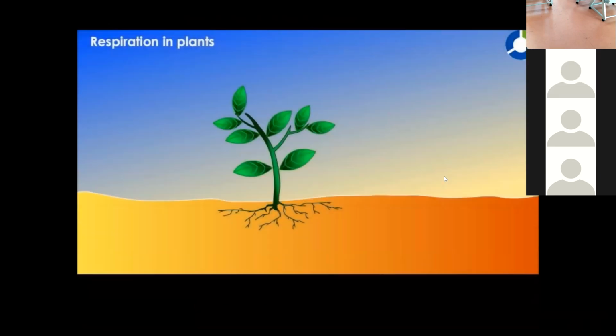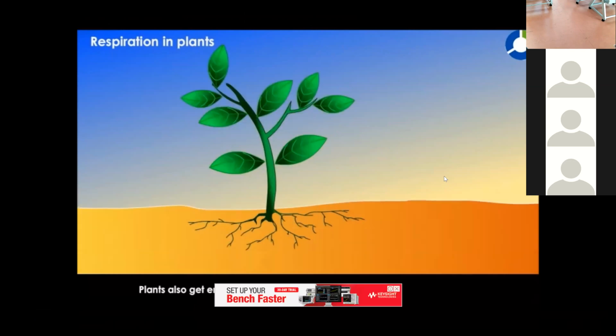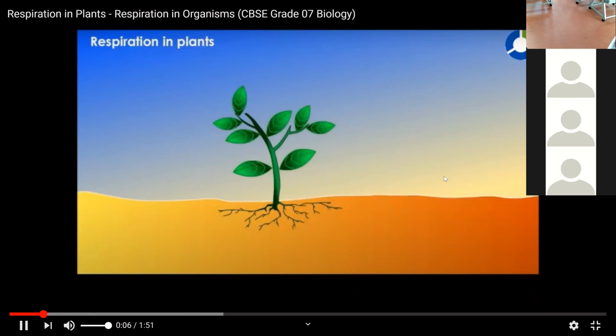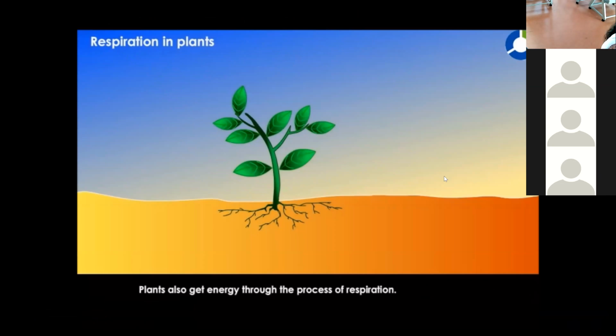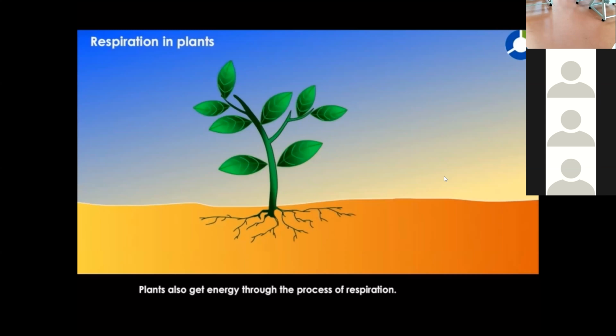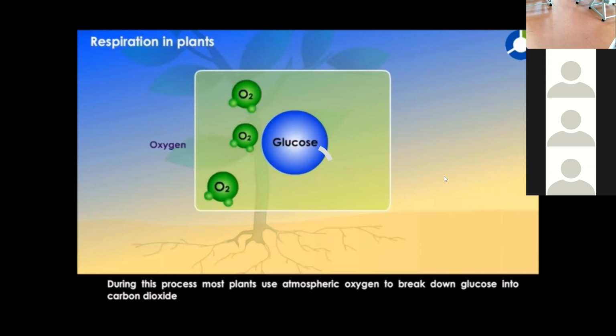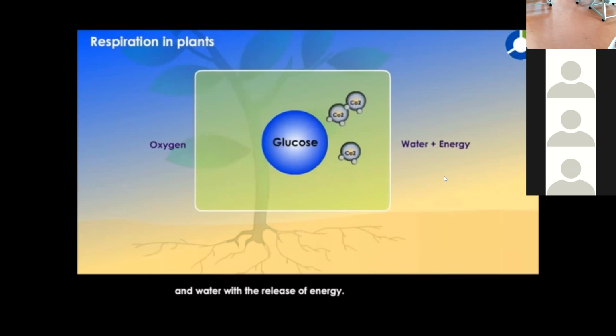Respiration in plants. Plants also get energy through the process of respiration. During this process, most plants use atmospheric oxygen to break down glucose into carbon dioxide and water with the release of energy.